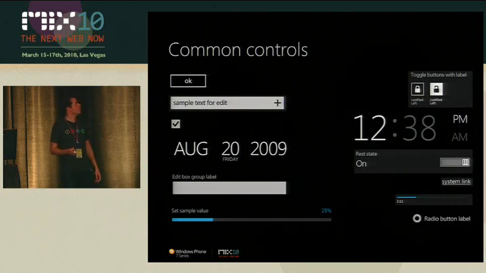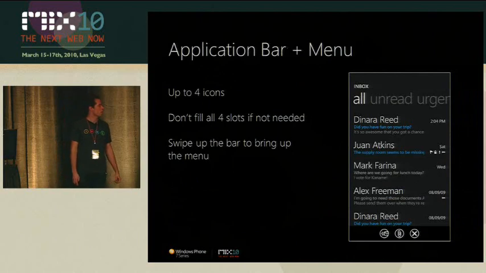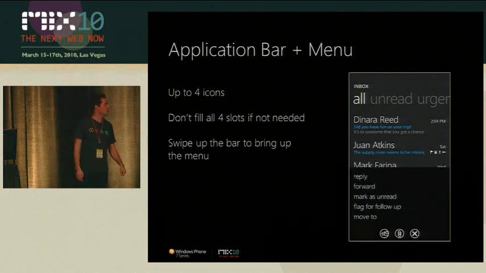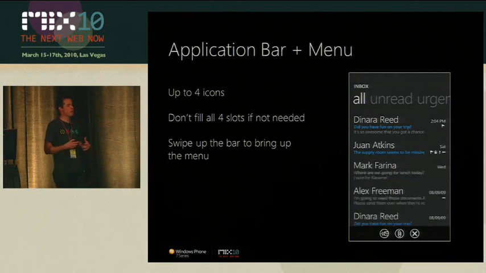I'll tell you a little bit about a couple of controls that we're making available that may be available to you. One of them is the application bar and menu. So this is one of the primary ways of interacting with applications. As you can see at the bottom of the screen, you have this application bar. That application bar can have up to 4 elements. Don't fill up all 4 elements if you don't need to.